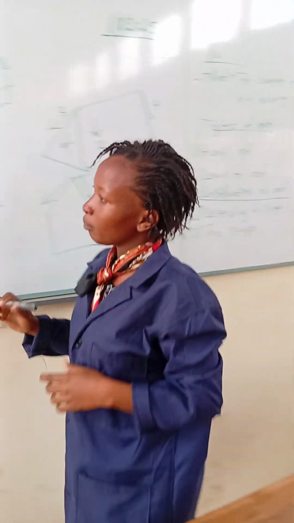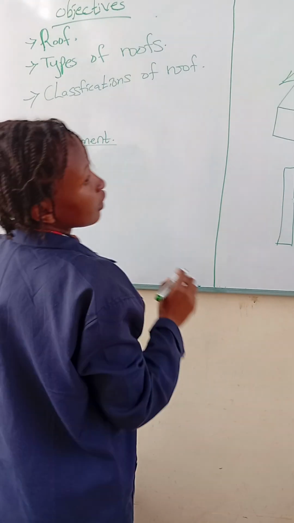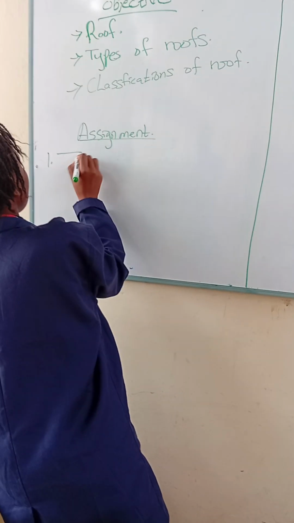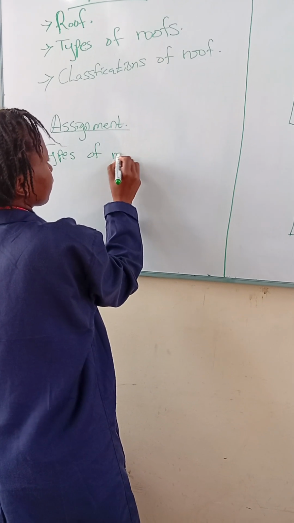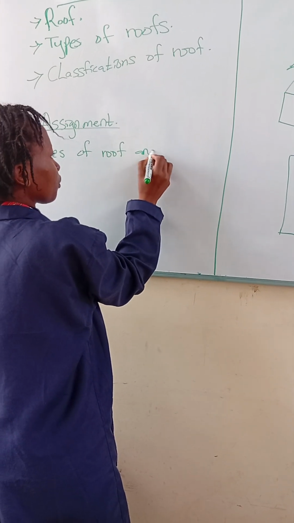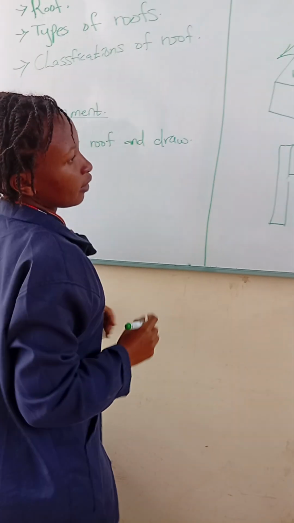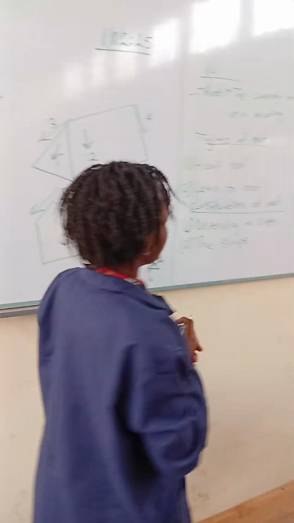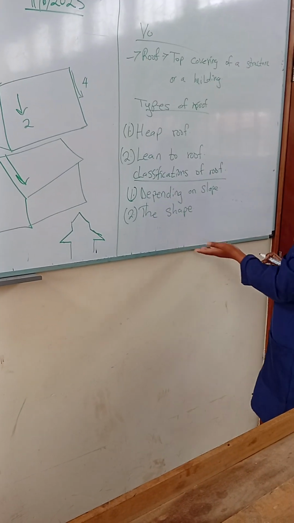So assignment number 1, types of roofs. Then we talked about the classifications of roofs. We have depending on the slope and the shape.